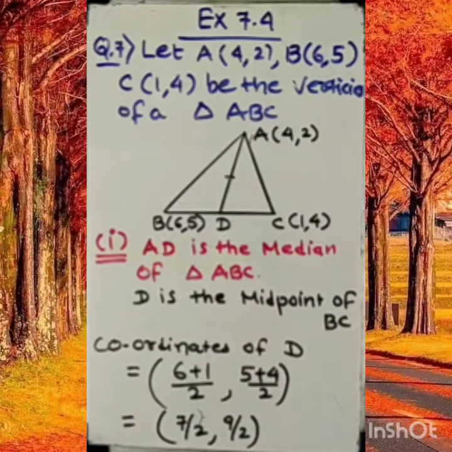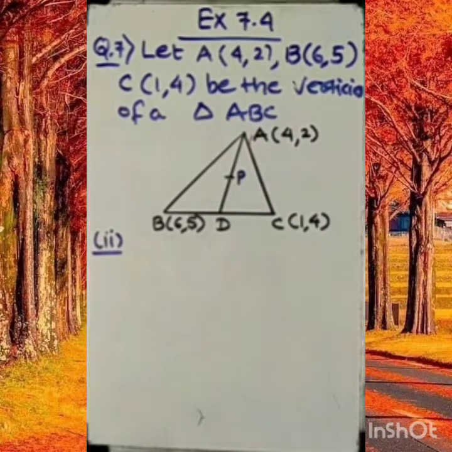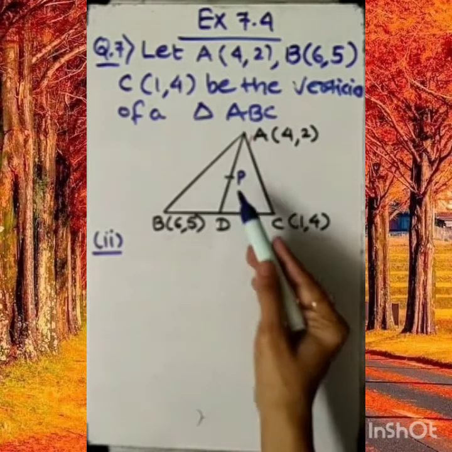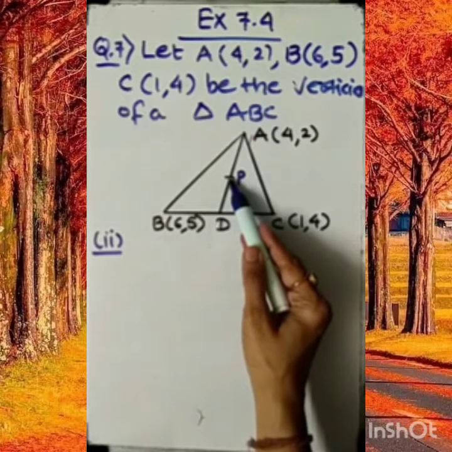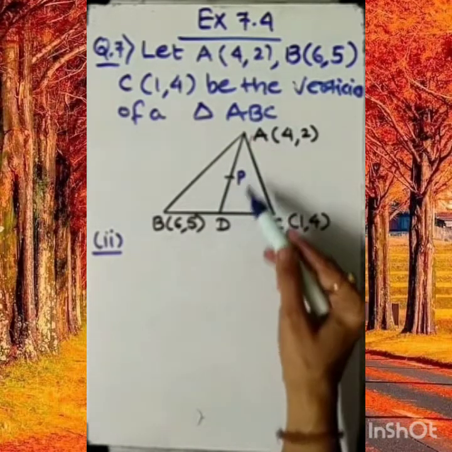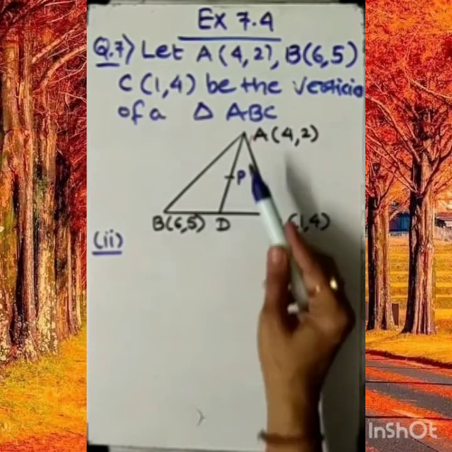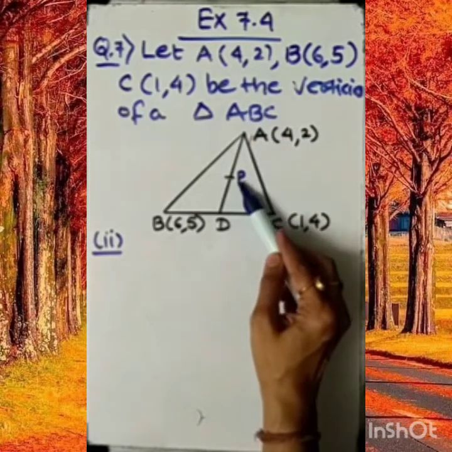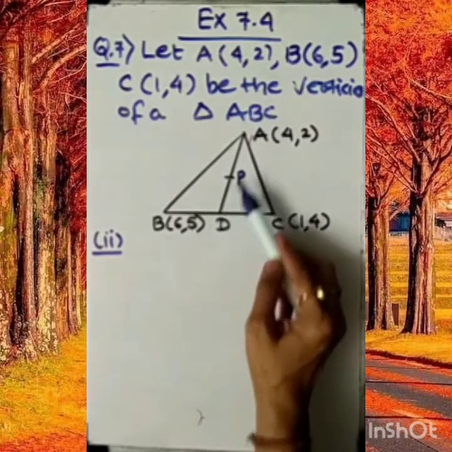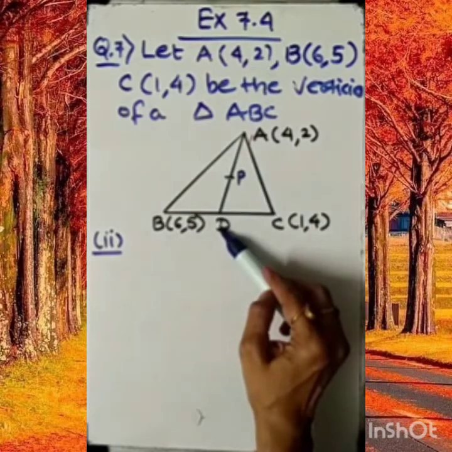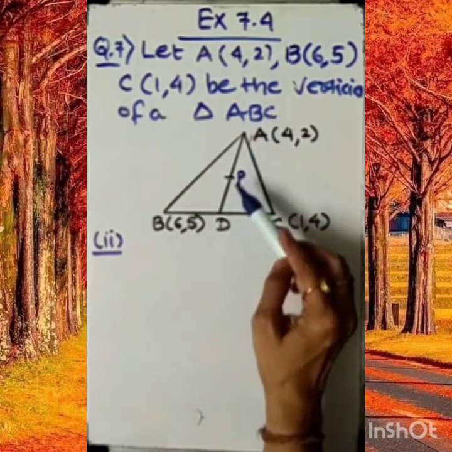Let's move to the second now. My dear student, in the same question, question number 2, we are asked to find the coordinates of the point P on AD such that AP to PD is 2:1. The line segment is divided in a 2:1 ratio.